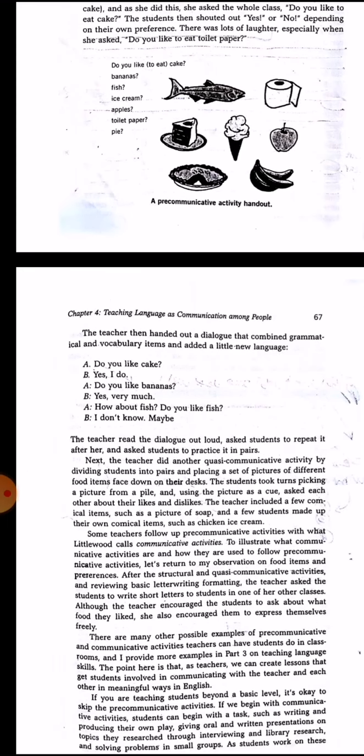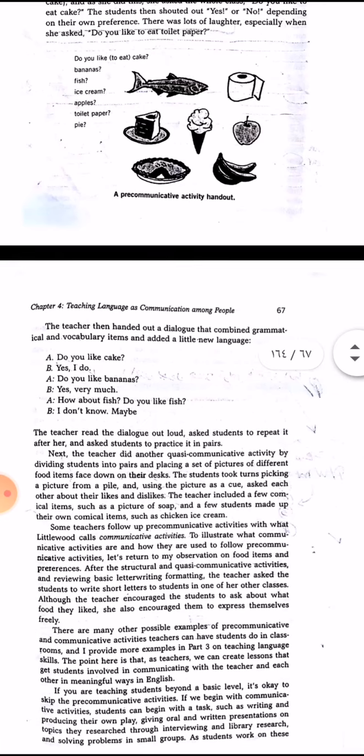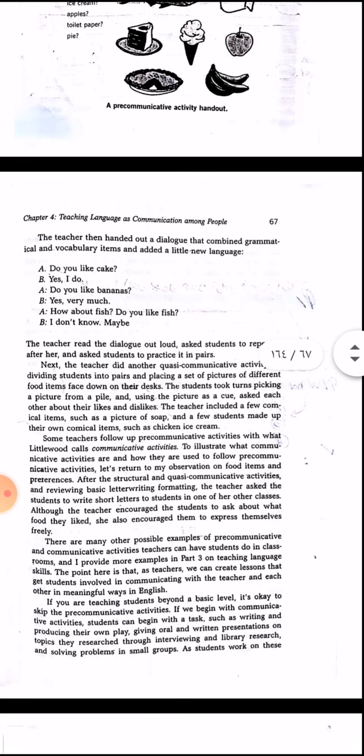The teacher then handed out the dialogue that combined grammatical and vocabulary items and added new language. Do you like cake? Yes, I do. Do you like banana? Yes, I do. Then what did the teacher do? The teacher read the dialogue out loud, and the students repeated it after her. She asked the students to practice it again.